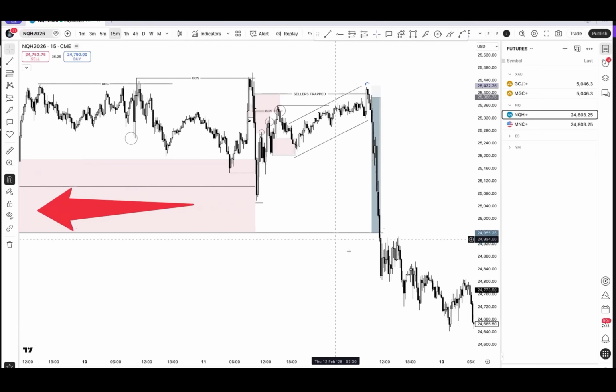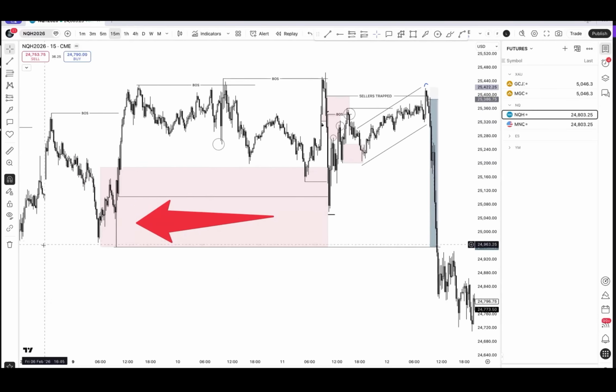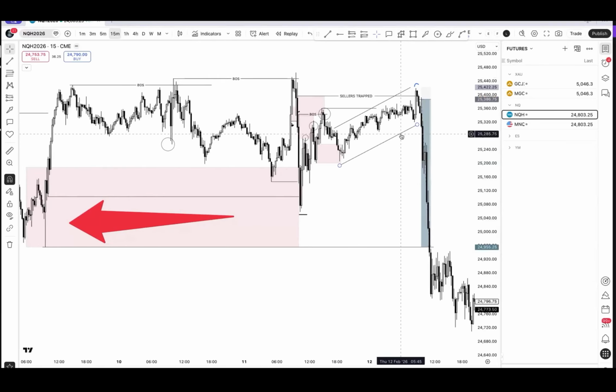I wish I was in one of these trades as far as NQ and gold, but unfortunately I wasn't able to stay in the move for gold because of my own mismanagement, and I stayed away from NQ because I was unsure. I knew these lows were potentially going to go, but I didn't know how I would catch an entry. So all in all, good price action, great learning experience for me.